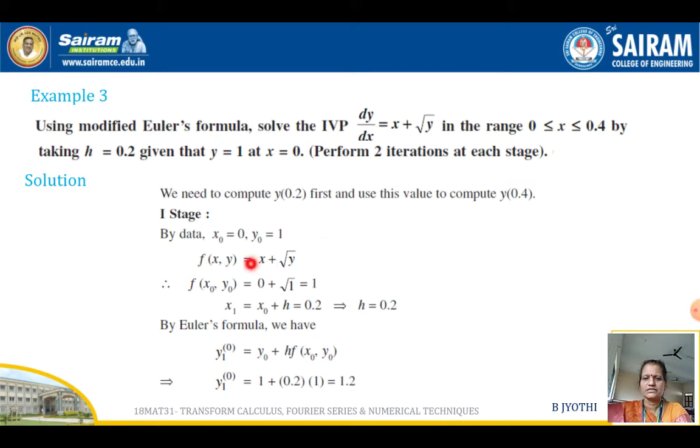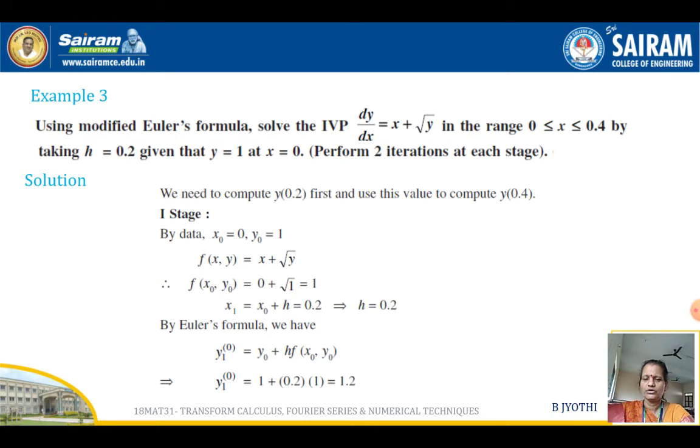So the first stage is to consider x naught as 0 and y naught as 1, which is given, and f of x y is the function x plus root y. Therefore, f of x naught comma y naught is 0 plus root 1, which is 1, and x1 is x naught plus h, that is 0.2, which implies h is equal to 0.2.